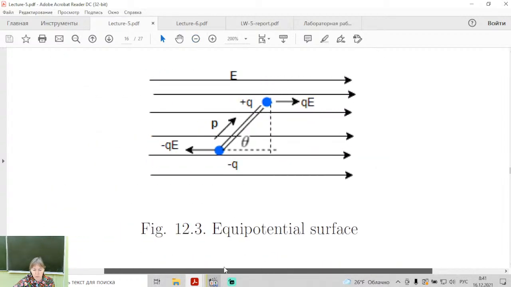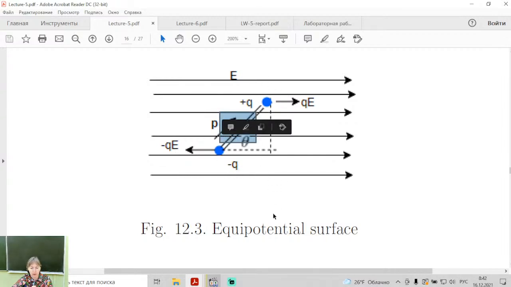Look at this picture. It's a plus q and a minus q, and this is the distance between these charges.